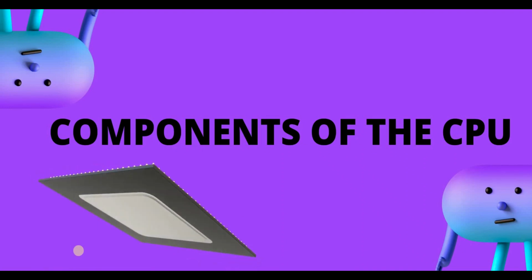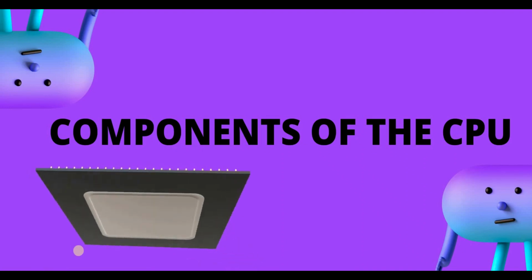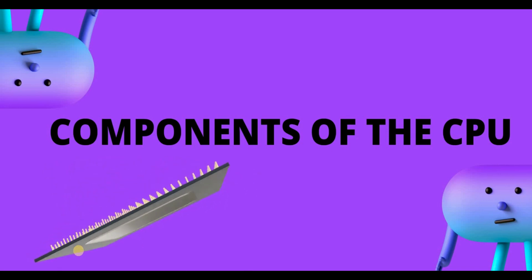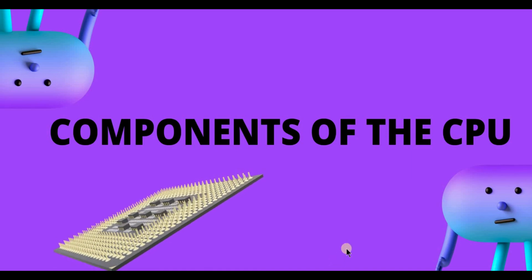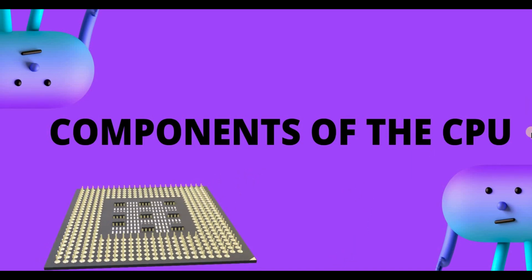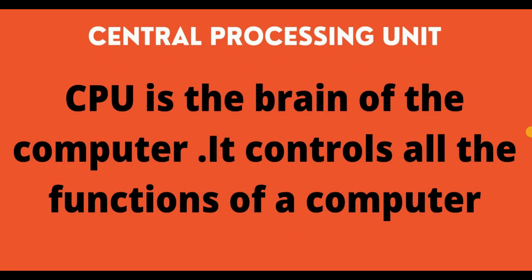The Central Processing Unit or CPU is the processing device of a computer. The CPU is also called the brain of the computer. It controls all the functions of a computer. The CPU uses the software to work on data.